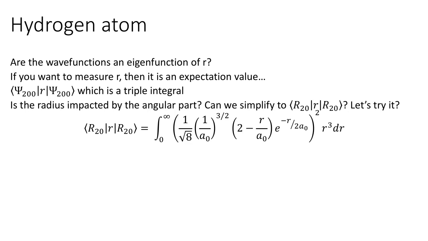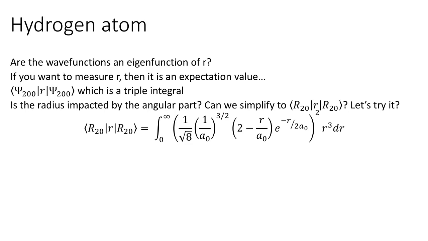I have it set up for the 2s orbital, and here is our radial function from a couple of slides back. Then we have the r cubed dr. The r squared comes from the volume element, from the d tau overall, and the r comes from our operator, so that ends up being an r cubed.